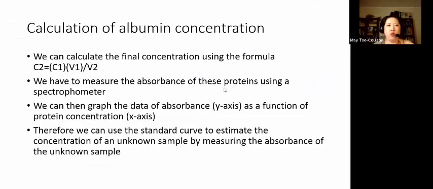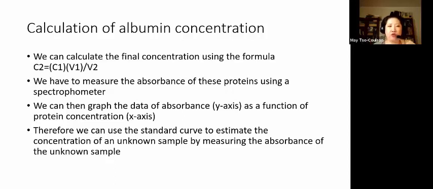So to review again, we can calculate the final concentration using this formula as shown here. We have to measure the absorbance of these proteins using a spectrophotometer. We can then graph the data with the absorbance on the y-axis as a function of protein concentration on the x-axis.